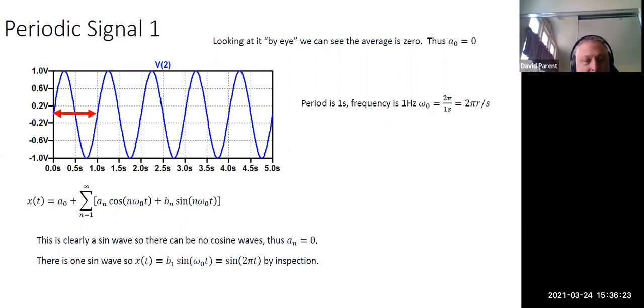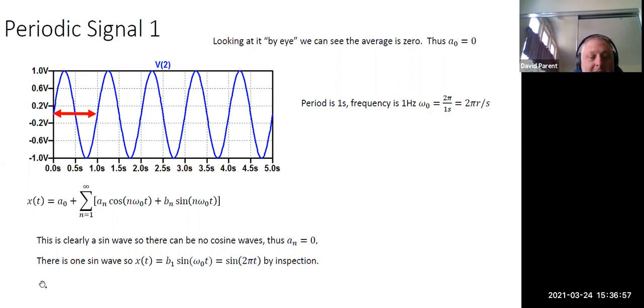But we can see that the period is 1 second, and by eye, the average is 0. So I've got A naught. Now what remains to be seen is what the rest of the coefficients are.